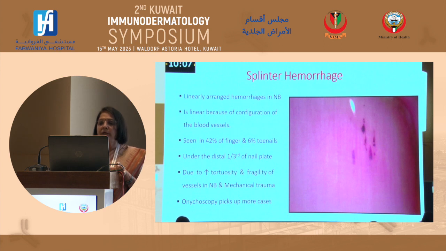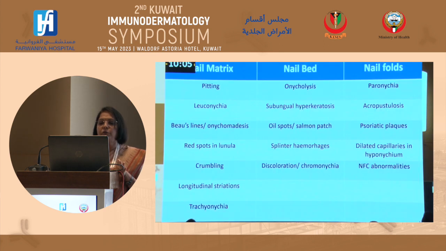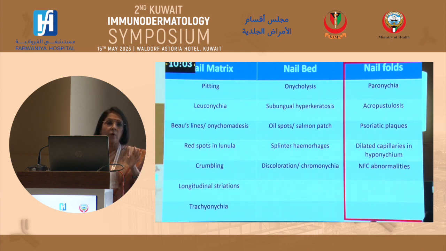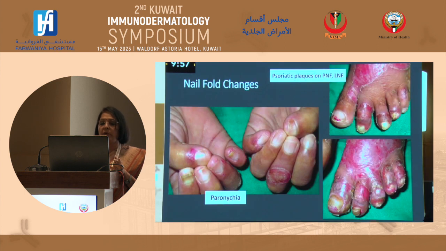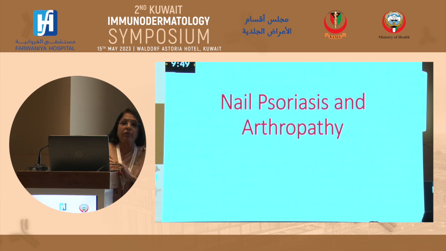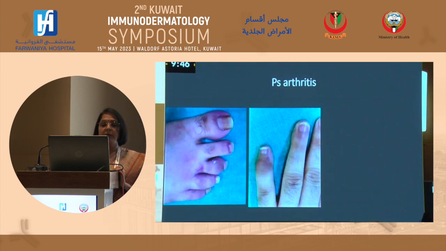Coming to nail fold, we have paronychia, acropustulosis, psoriatic plaques, and when the psoriatic plaques are present on the nail folds, whether proximal or distal, and nail psoriasis and arthropathy, I said it's a surrogate marker for the development of psoriatic arthritis.